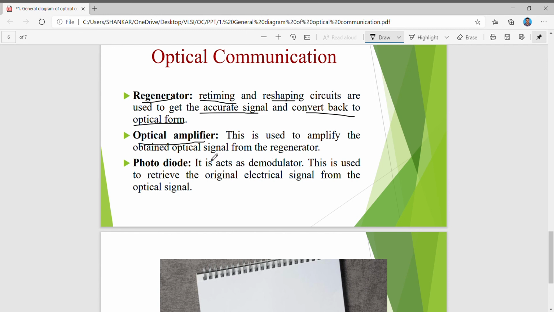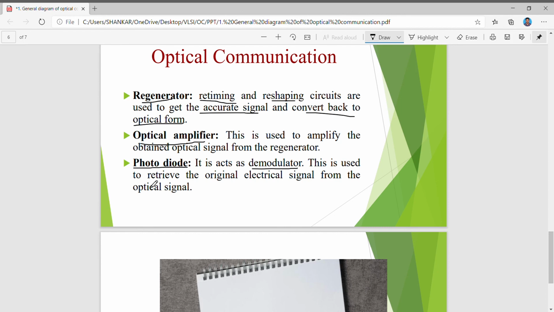Due to long distance communication, the signal may have lower amplitude levels. In order to amplify the signal, we have to use the optical amplifier here, and then at the receiver section we use the photodiode, which acts as the demodulator or detector.